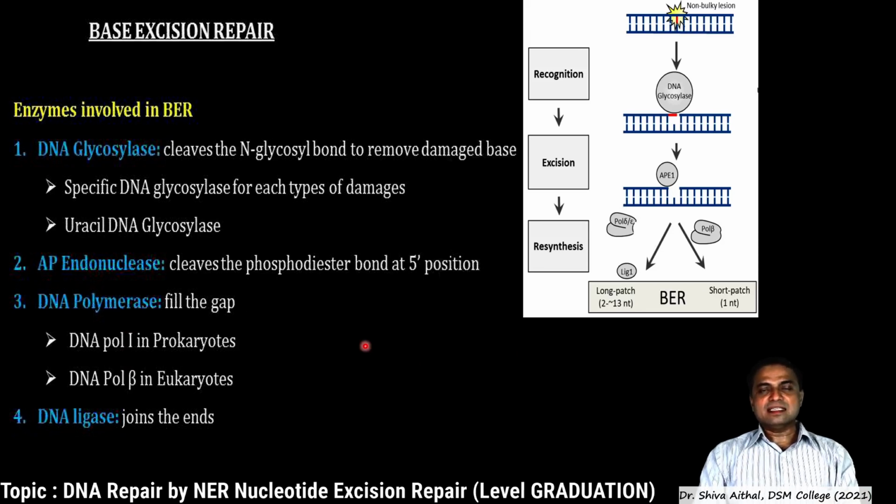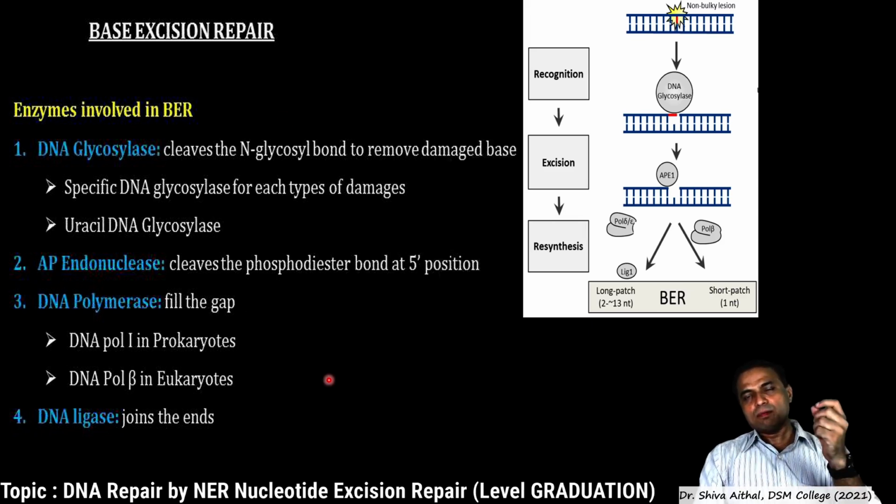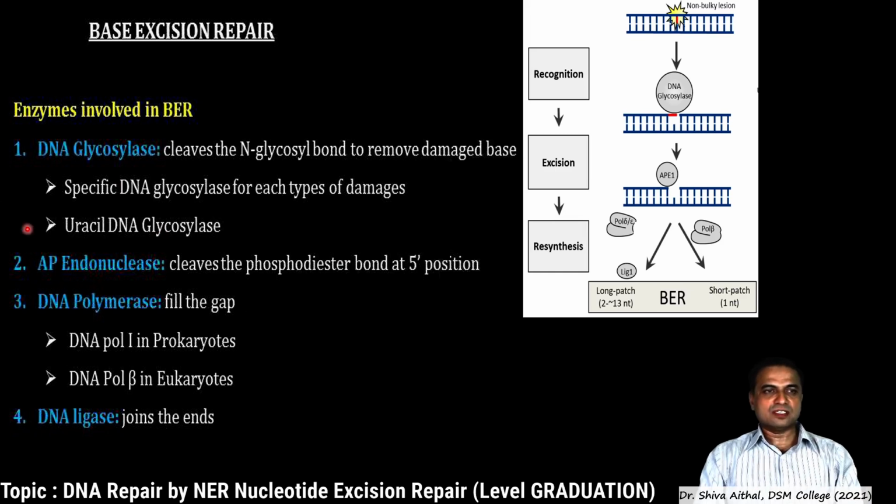There are certain enzymes involved in all the types of repair system. BER is no exception. Enzymes involved in BER, the prime enzyme, the hero for this repair system, is DNA glycosylase. It cleaves the N-glycosidyl bond to remove the damaged base and flips the damaged base away from the strand into the nucleotide pool.